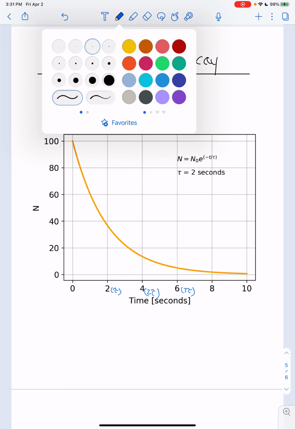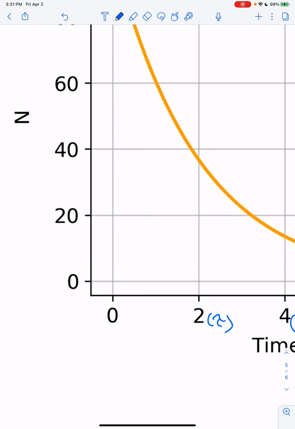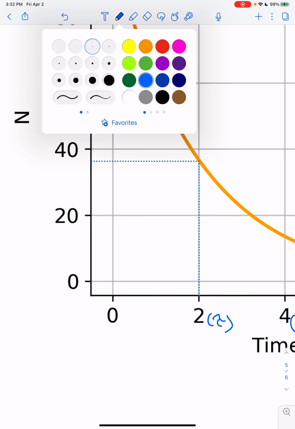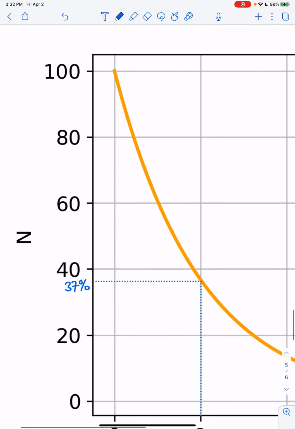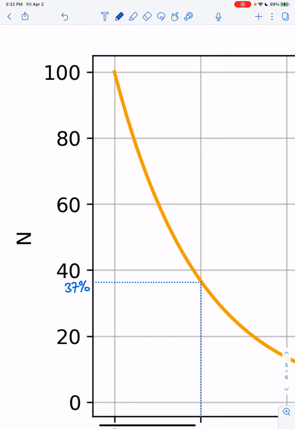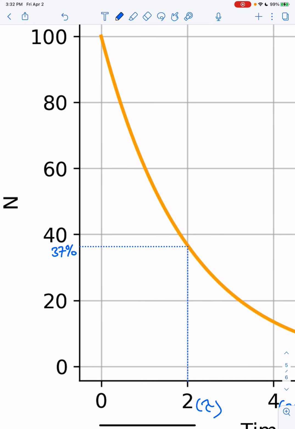If we look at where those values are ending up, let's zoom in here. At tau, or 2 seconds, we're looking quite close to our expected value, so that's 37%. So that first tau amount of time has a huge decrease. That's the exponential decay.